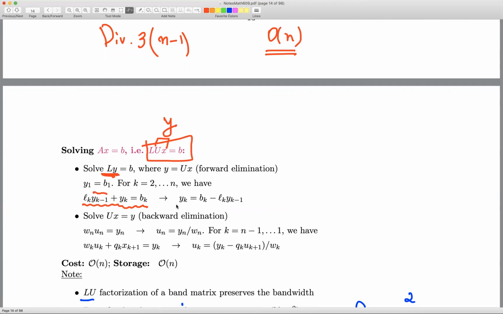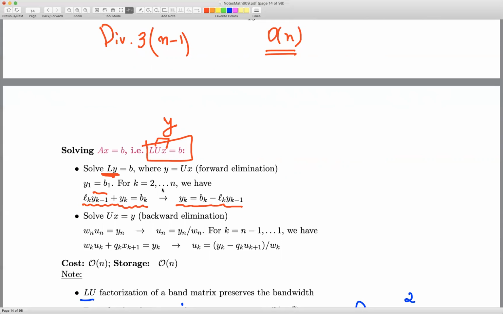We move it to the other side, and therefore this will be the formula for YK. And we see here that for every K from 2 to n, we have one multiplication and one subtraction. So we have of order n floating point operations.